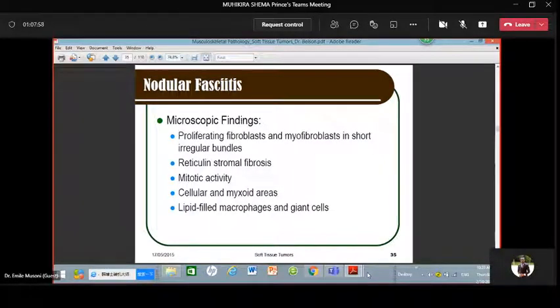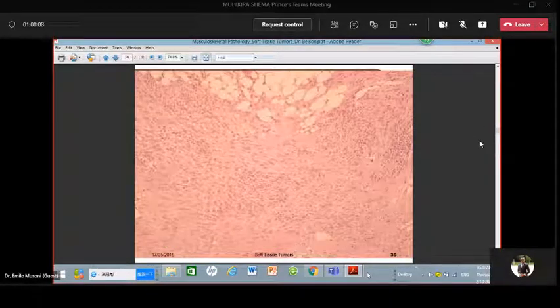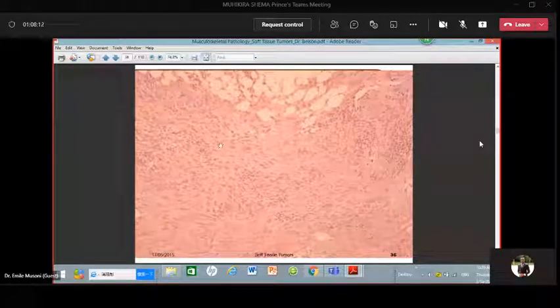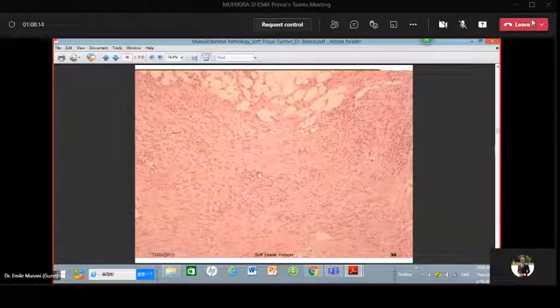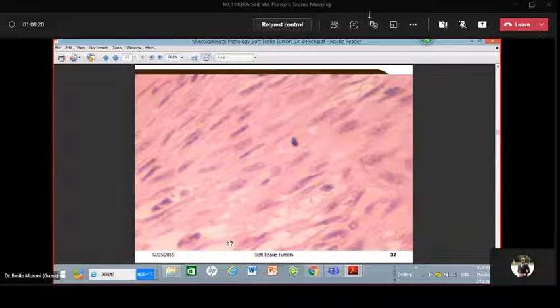This is the nodular fasciitis on the microscope. You can find some lipid-filled macrophages and some giant cells. For example, this one, you found some lipid here, and this one, proliferation of the fibrous tissue.